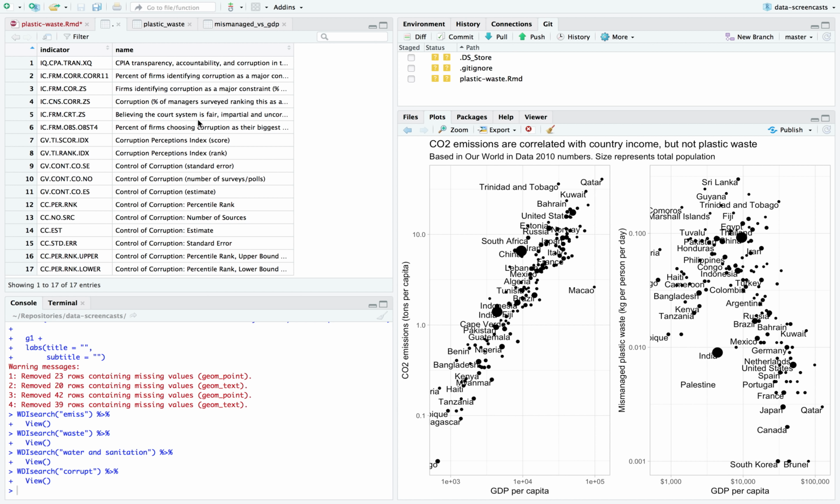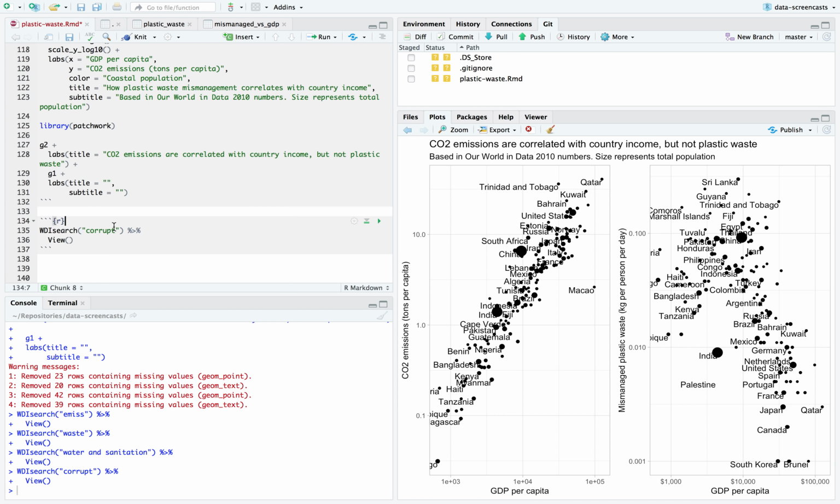So one thing I'm interested in is mismanaged. I hear the word mismanaged, and I don't think it generates a lot of waste. I think corruption, maybe doesn't have strong infrastructure in place and, what's the word I'm looking for, institutions not being trustworthy. I am going to try the corruption perceptions index.